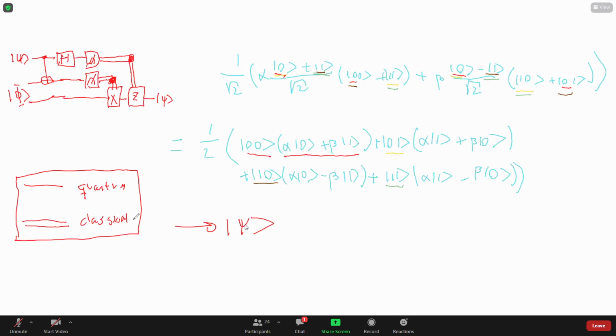There's no way you can instantaneously share information faster than the speed of light, because you need this classical communication, which is also key to know. Nonetheless, it's still pretty cool that without ever measuring the state that we're interested in, we can actually send that state over infinitely long distance by just sending 2 bits of classical information.